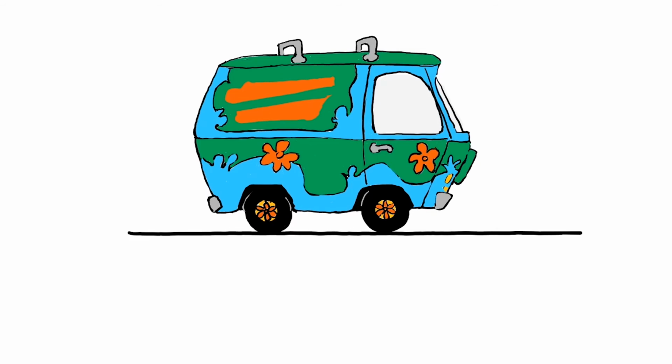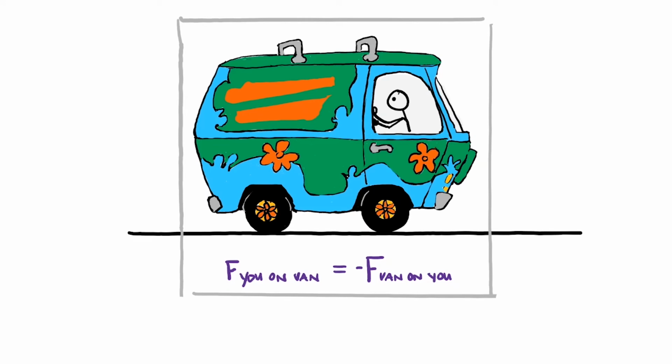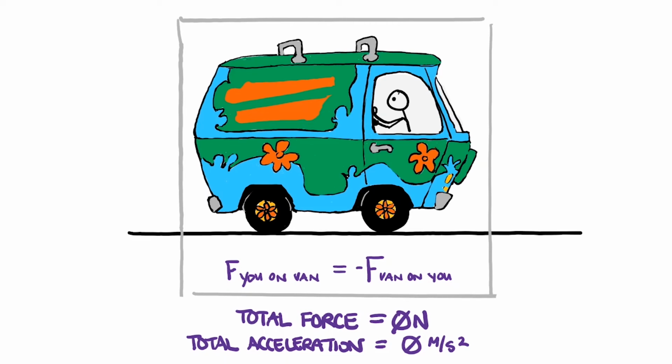Every push you exert onto the car has an equal and opposite reaction force that the car exerts onto you. It doesn't matter how hard you push or in what direction you push, because the van pushes back on you the same amount. And in total, you and the van experience no net force and therefore cannot accelerate.